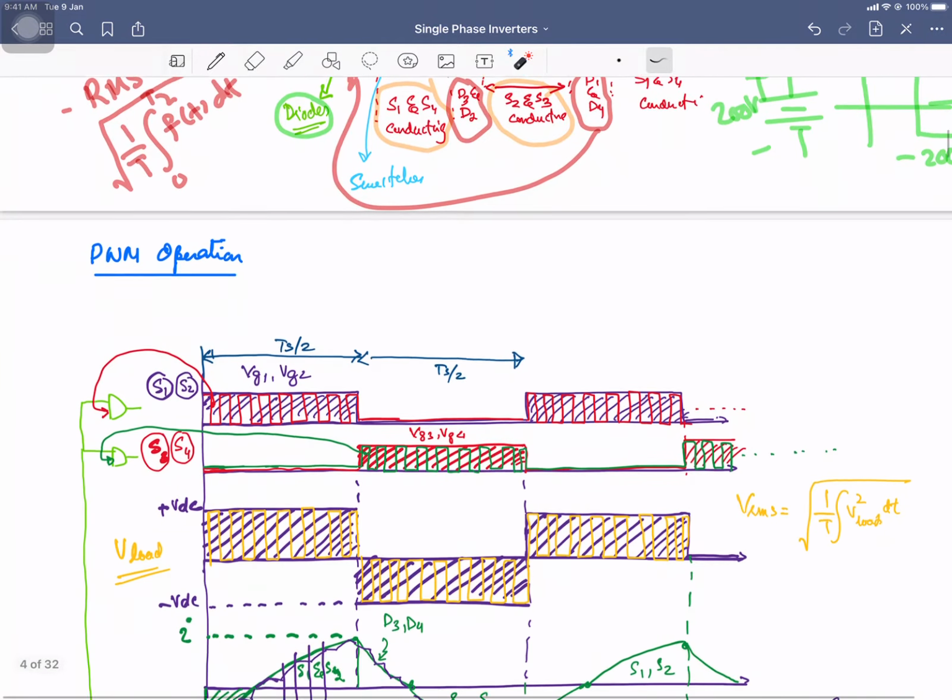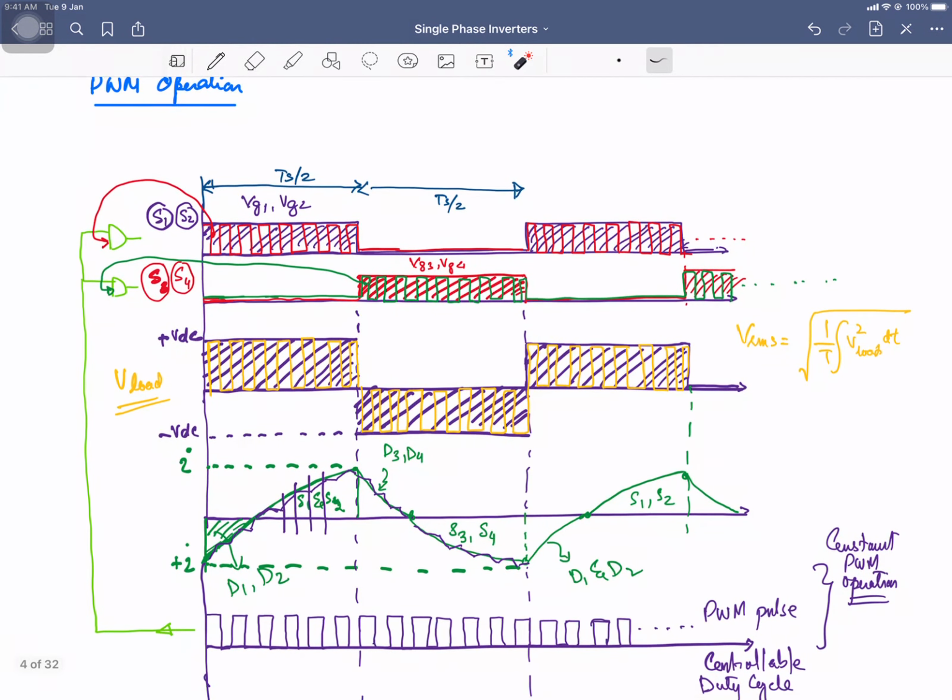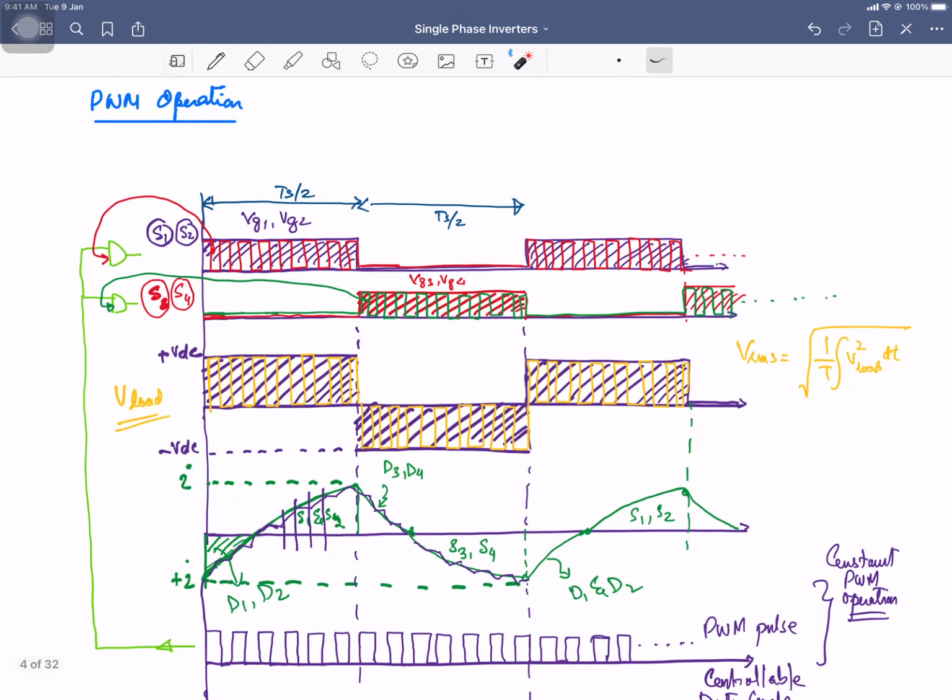So that is shown over here in this diagram, that instead of applying the constant gate signal, we are going to apply the train of pulses, and I am going to highlight it to make it clear.